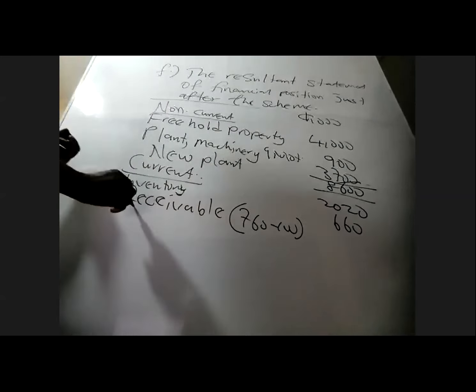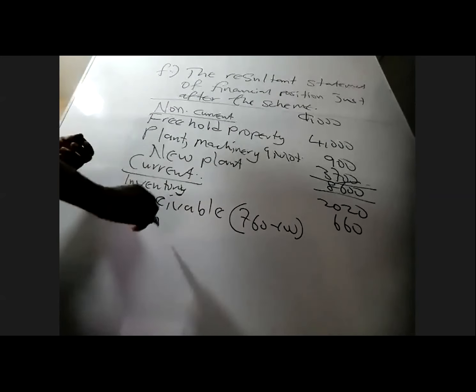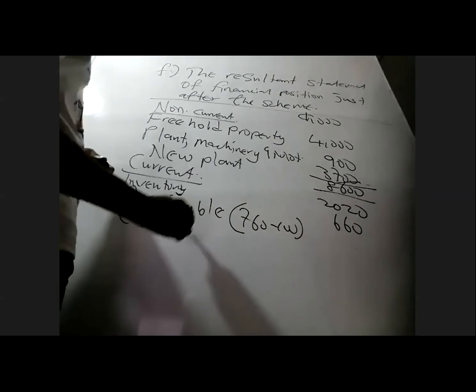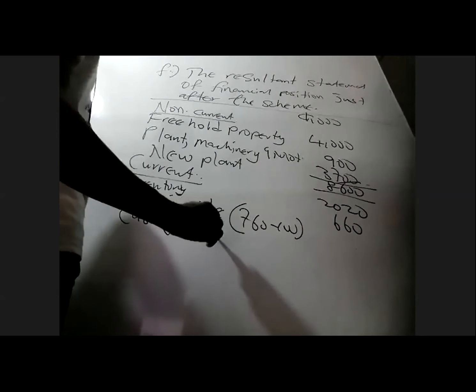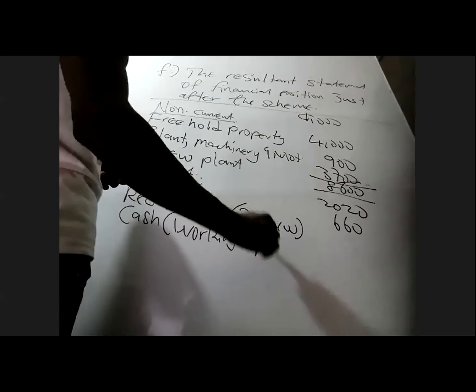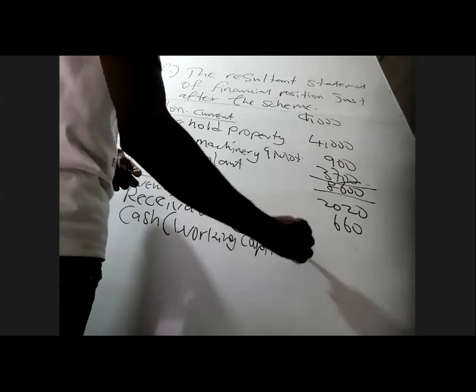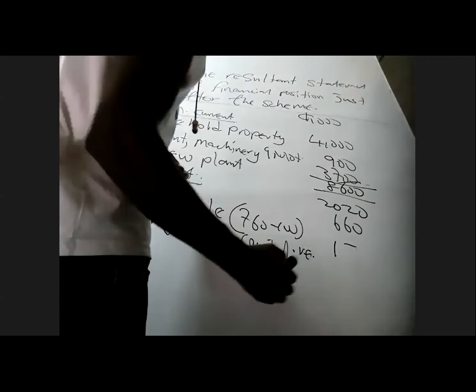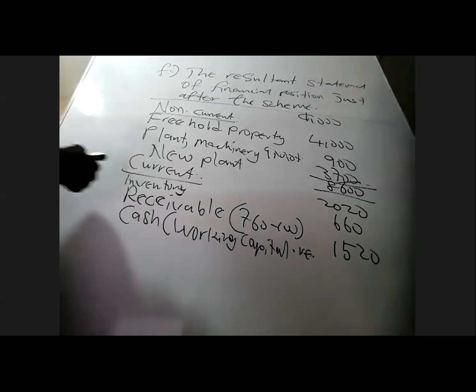Then you bring your cash. Don't forget cash balance. The cash is the working capital requirement. What's the figure? It was 1520, right? The working capital requirement is 1520.